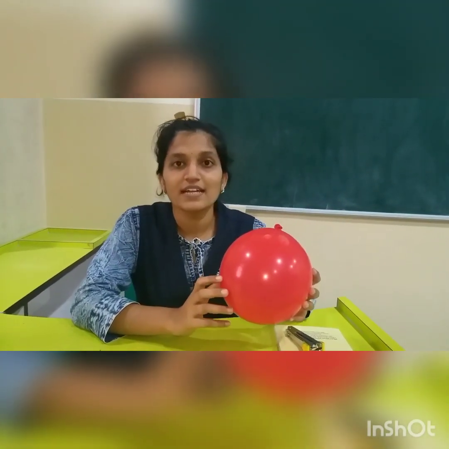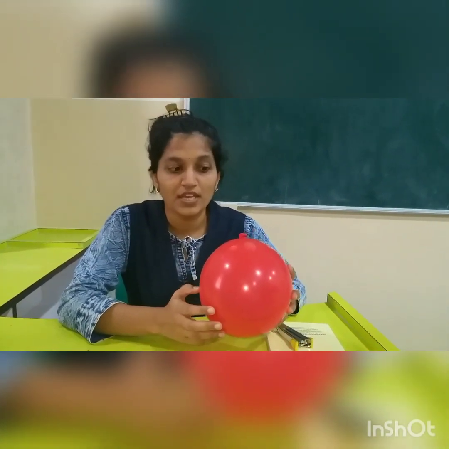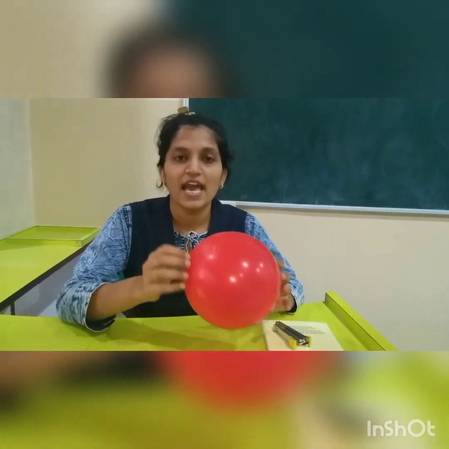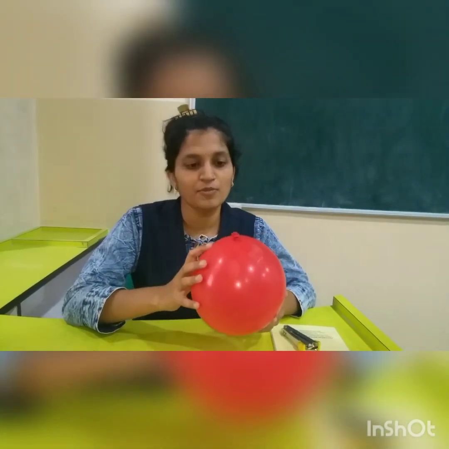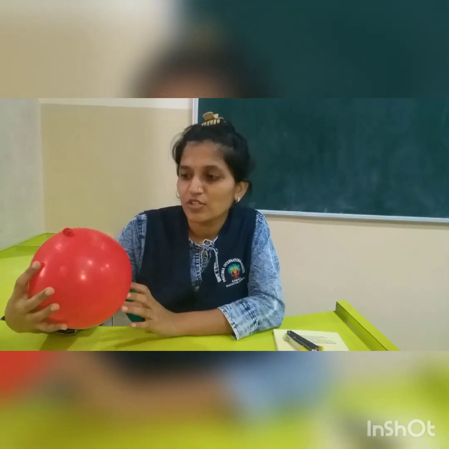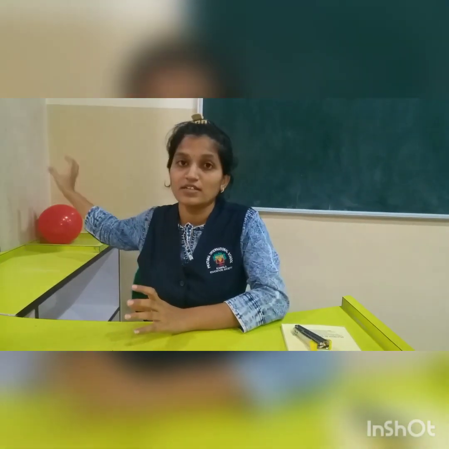But we know that air also does not have a specific size and shape. It also takes the space according to the object. So we know that air is there inside the balloon. So the balloon is also one of the examples for gases. So students, now we can guess the name of our topic, that is solid, liquid and gases. That means today we are going to learn the lesson solid, liquid and gases.